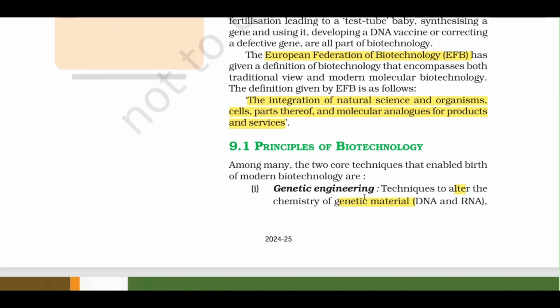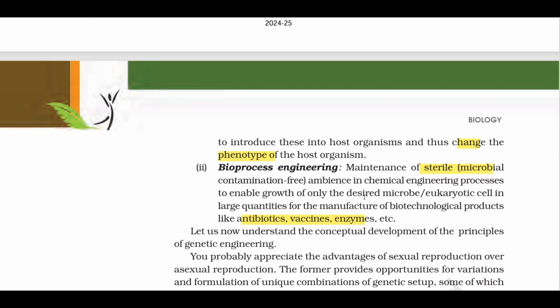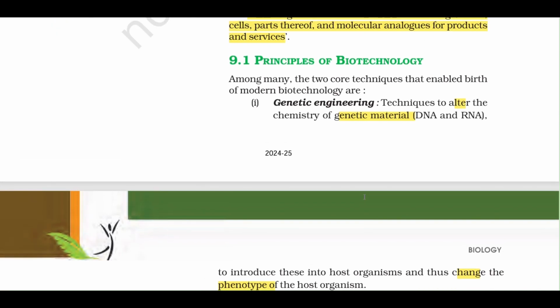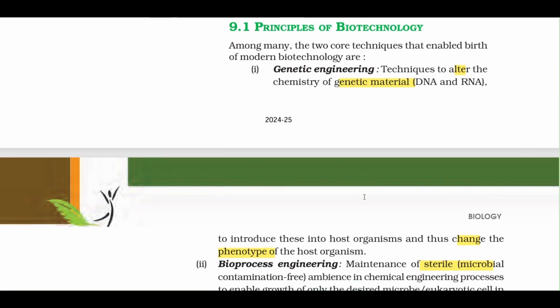Let's go to the principles of biotechnology. There are mainly two core techniques: genetic engineering and bioprocess engineering. In genetic engineering, the DNA or RNA, the genetic material, is altered and then introduced into a host organism, so the phenotype of the host organism changes.